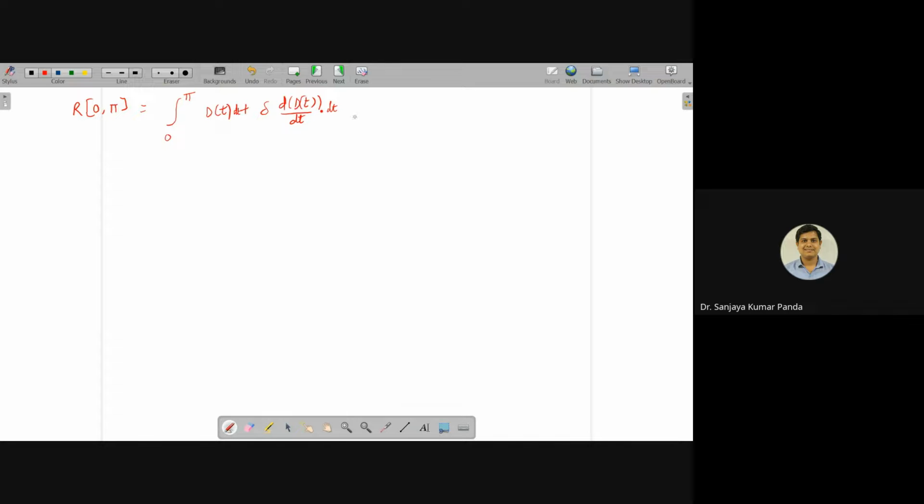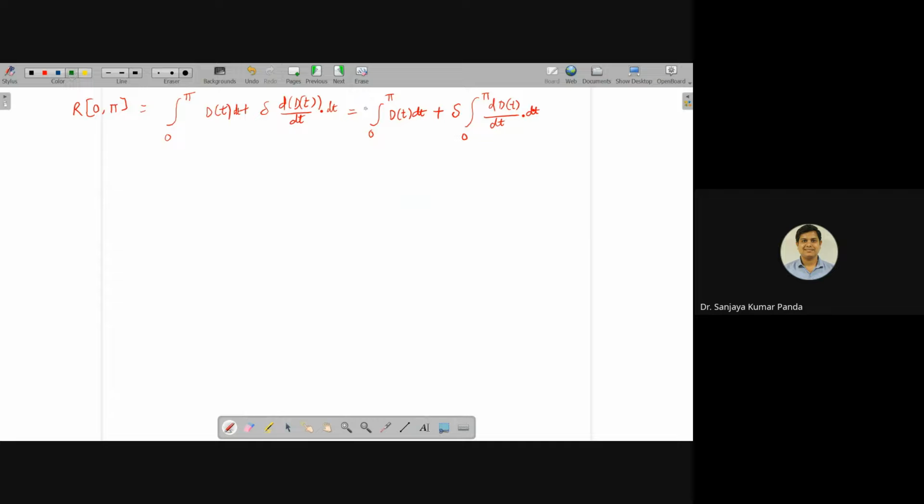If I split this, I can write the integral from 0 to pi of D(t) dt plus, if I take delta outside, the integral from 0 to pi of d(D(t))/dt into dt. Right? So now I have two parts.